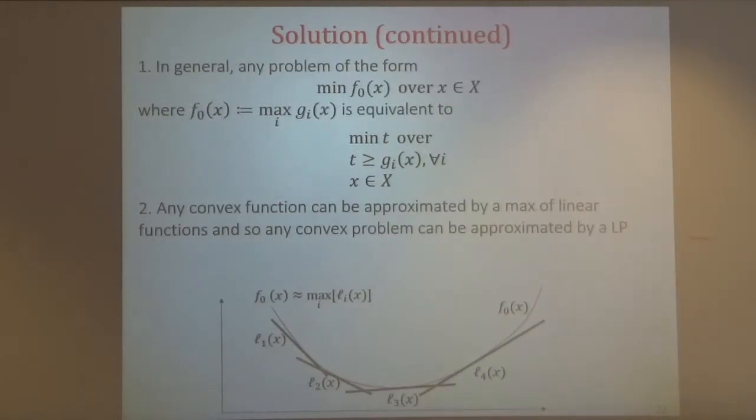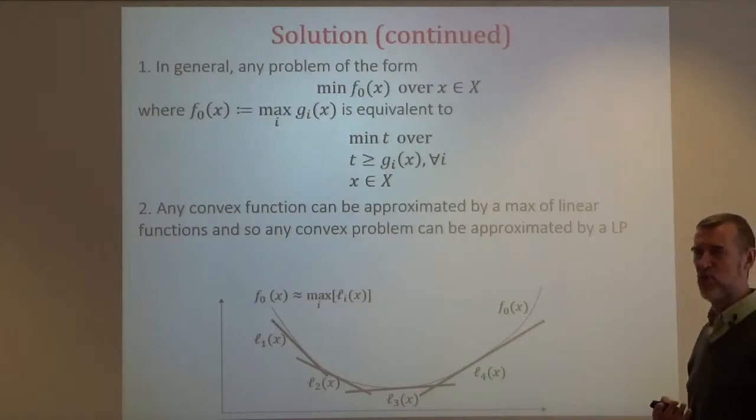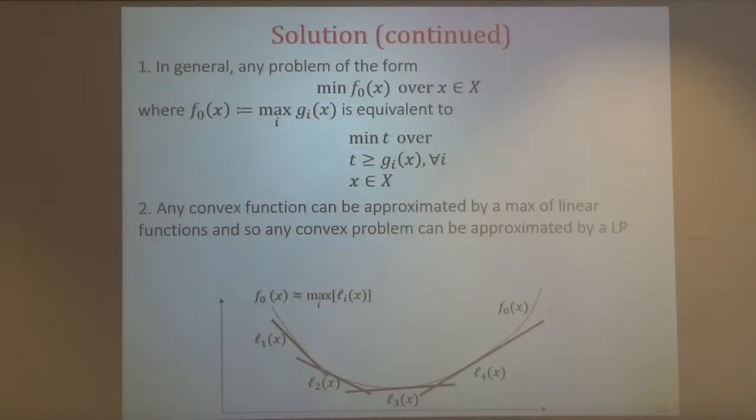Which means that in general, any problem of the form an objective function which is given by the max of a collection of functions is the same as minimizing t, where t is larger than each of the functions here. So that's an important transformation that is routinely used in all formulations of optimization problems that we use in grids, but in energy systems in general.